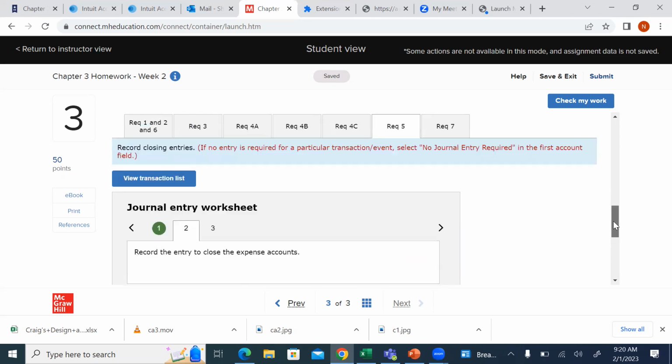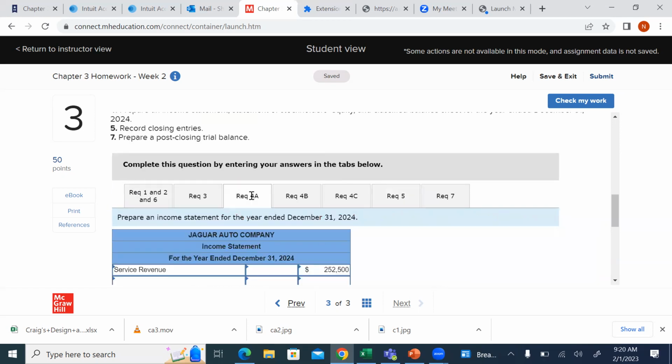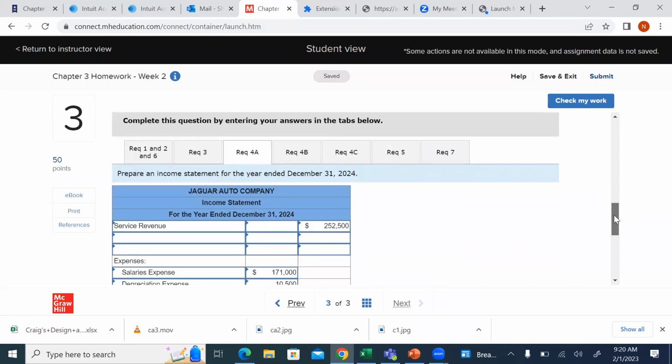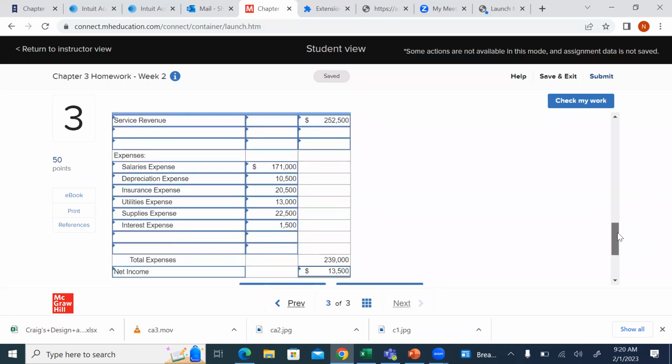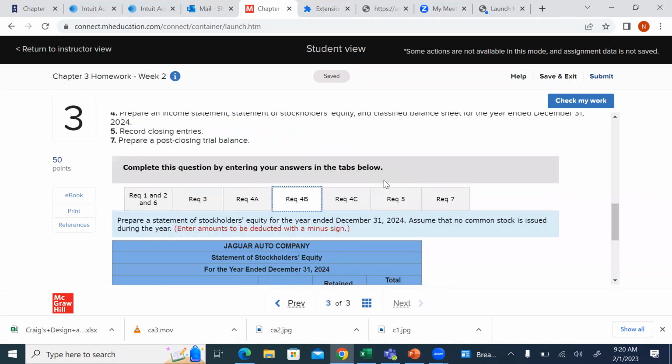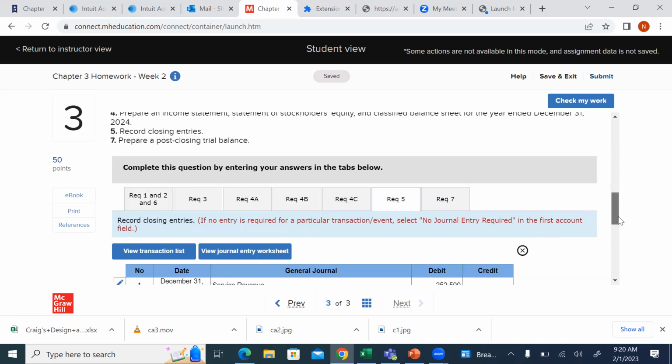So let's go and pull those numbers. Depreciation expense, 10.5. Insurance expense, 20,500. Utilities, 13,000. Thank you. Okay, got it? That will make it so nice.